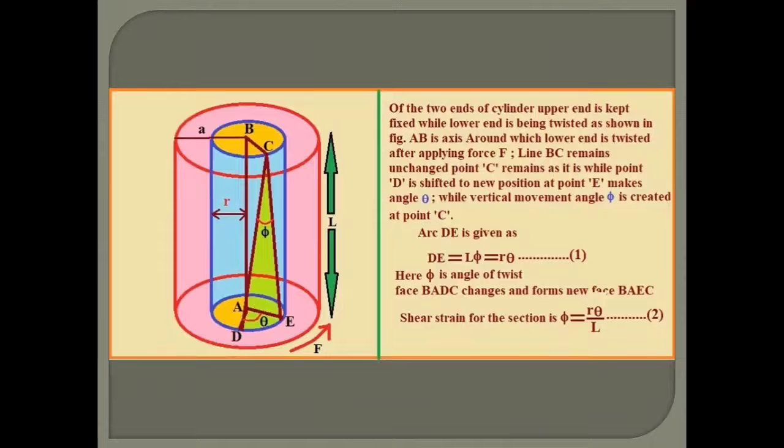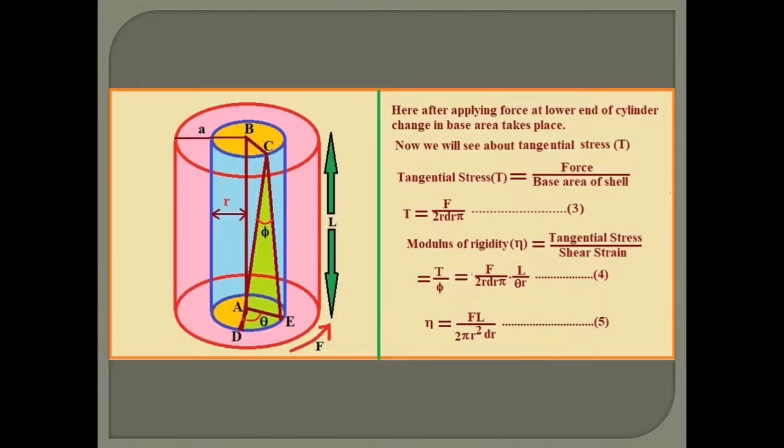So face BADC changes and forms a new face BAEC. So shear strain for the section is phi, and phi is equal to r theta divided by capital L. Here, after applying force at the lower end of the cylinder, a change in base area takes place.